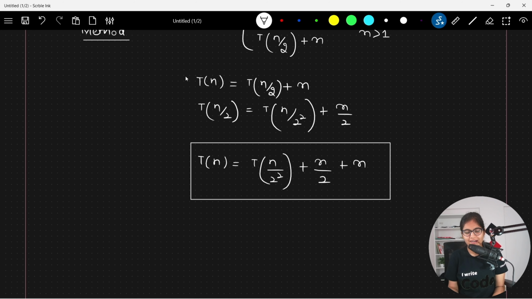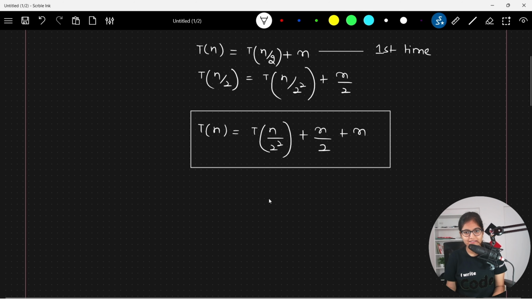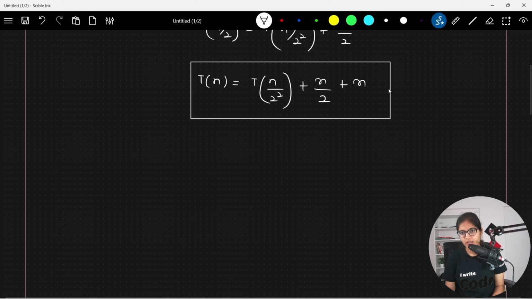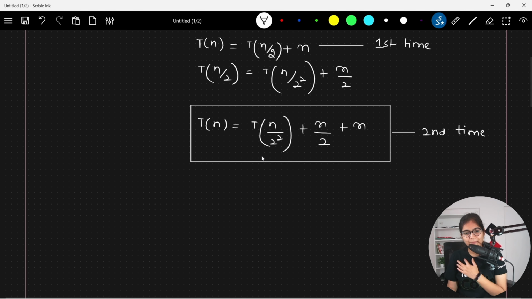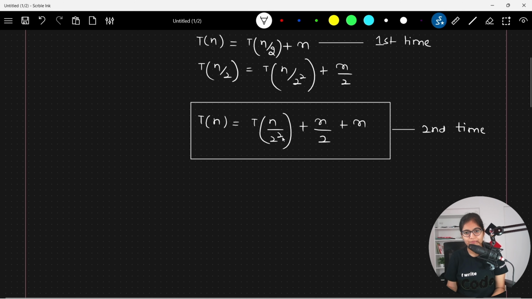First time we have this equation, right? This is for the first time. Second time we get this kind of equation. Okay, this is for the second time. Now for the third time, we need to substitute this value T(n/2^2). Here basically it is 4, right?